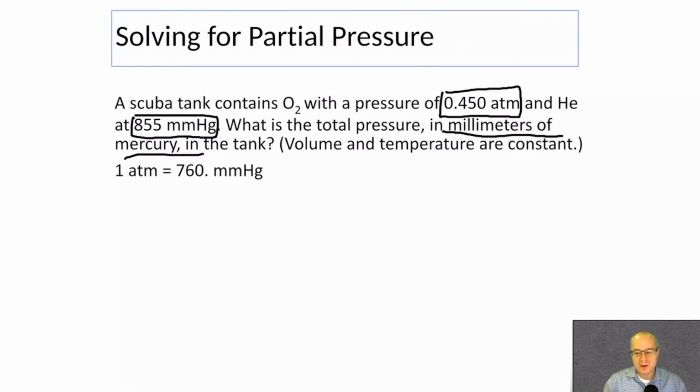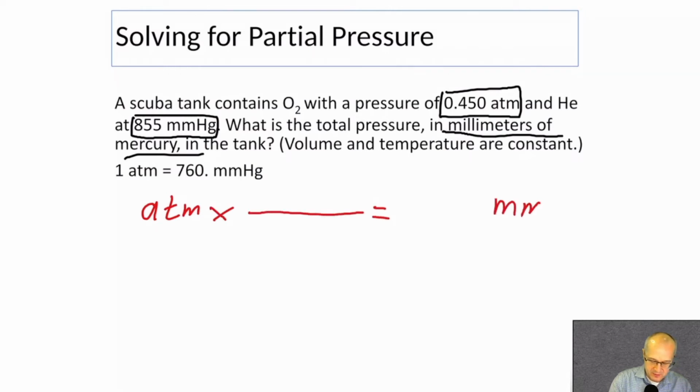Okay, so the hard part here is you have to recognize that you have to convert atmospheres to millimeters. Okay, so that's easy. I gave you the conversion factor right there. So let's convert atmospheres to millimeters of mercury. So first we start out with atmospheres multiplied by something to give us millimeters of mercury.